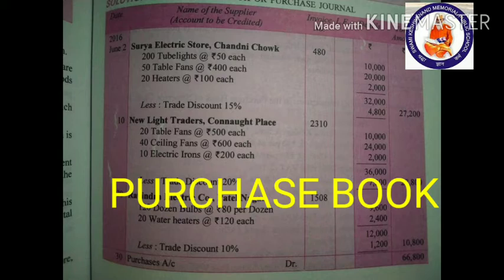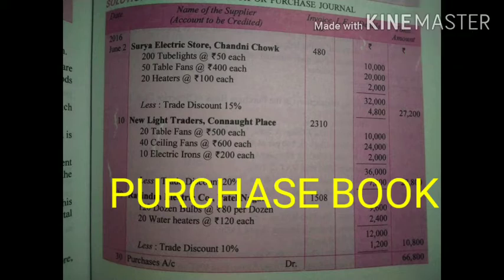If some goods are purchased on cash, these are not recorded, and purchases of assets cannot be recorded, because purchase of assets is not called purchases in the business. Purchase of goods only is called purchases.